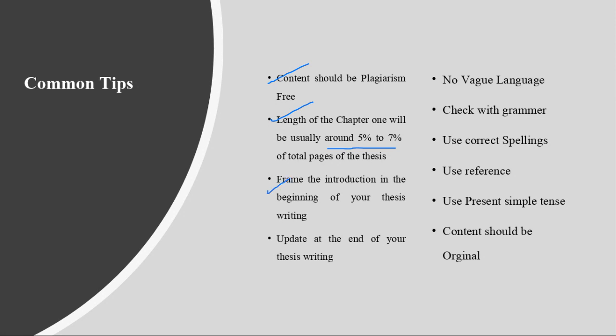Frame the introduction in the beginning of your thesis itself, but the finalization and updating has to be done at the end of the thesis writing. No vague language, check the grammar, use correct spellings, use references, use present simple tense, and content should be original. Hope this presentation is helping you to formulate your chapter.